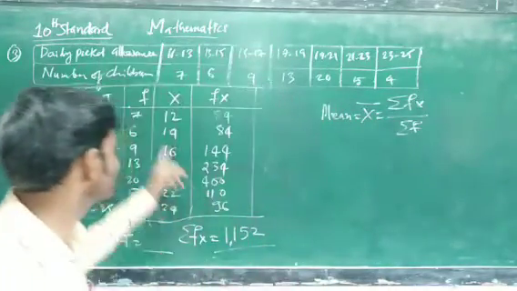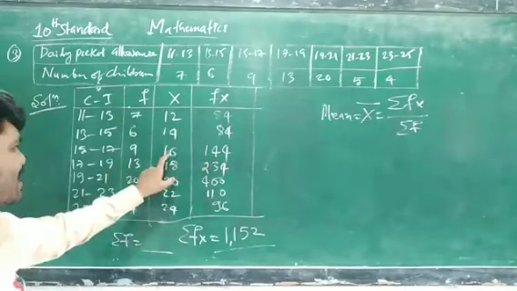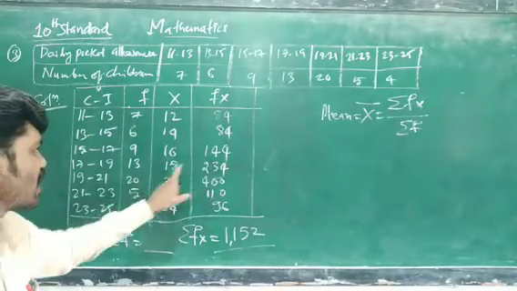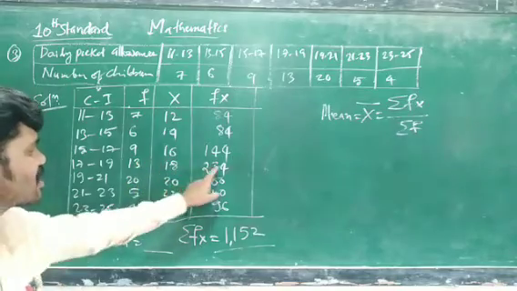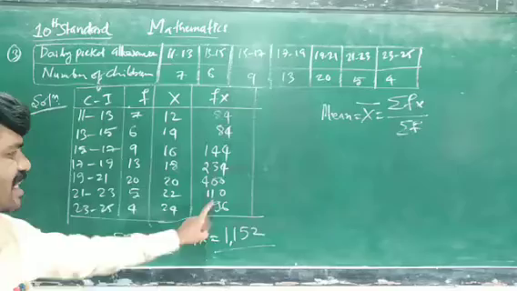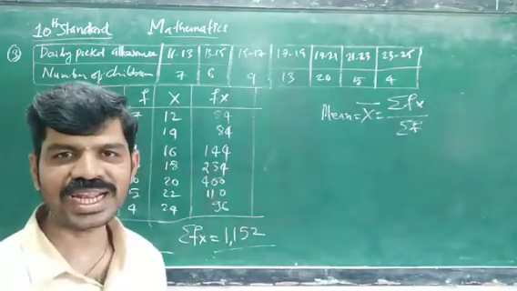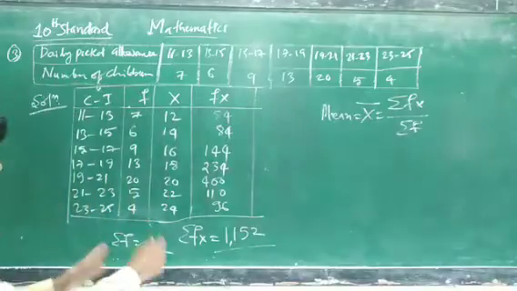See like this: 12 times 7 is 84, 14 times 6 is 84, 16 times 9 is 144, 18 times 13 is 234, 20 times 20 is 400, 22 times 5 is 110, 24 times 4 is 96. If we add all these things, we get 1152.